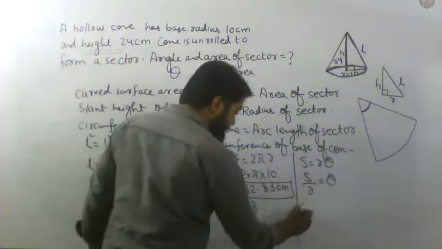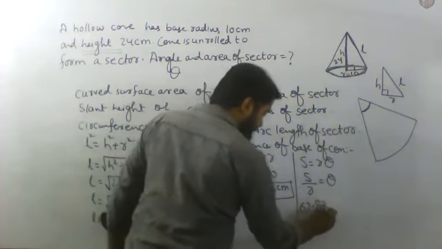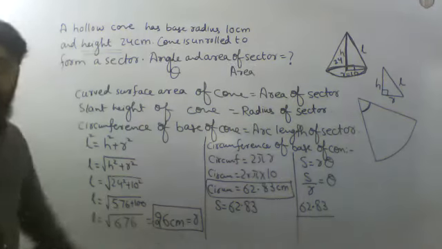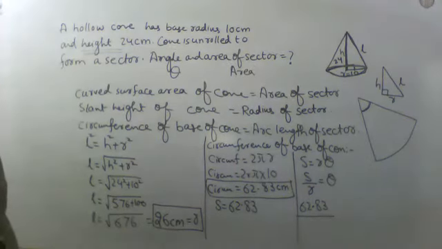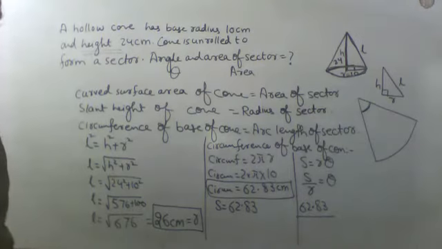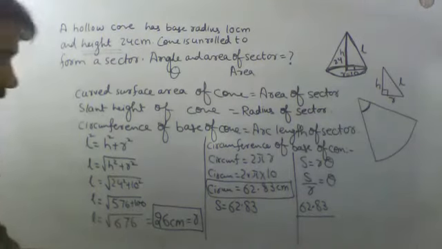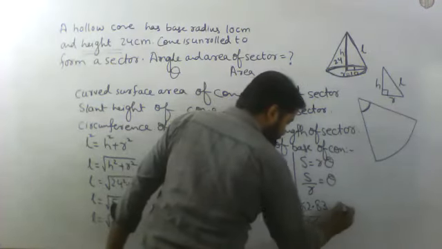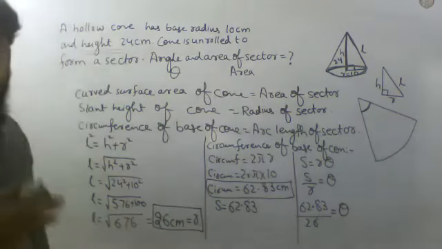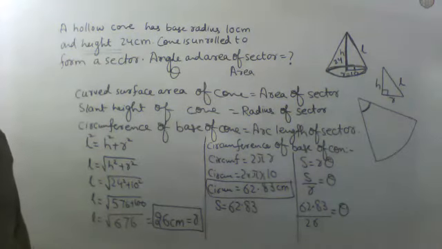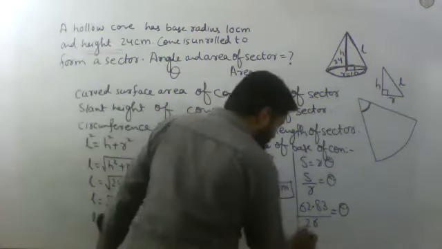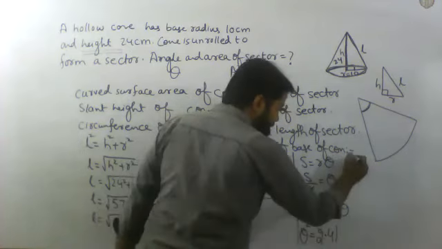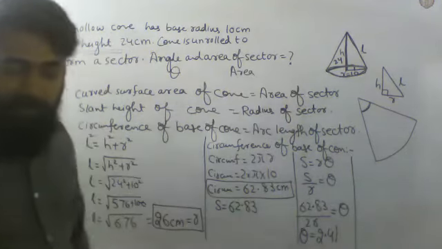The value of S is coming 62.83, where R is coming 26 centimeter. Dividing 62.83 by 26, the result is theta equals to 2.41.